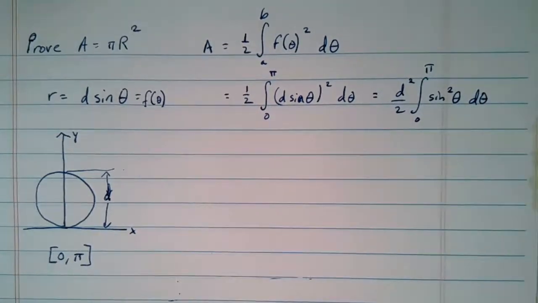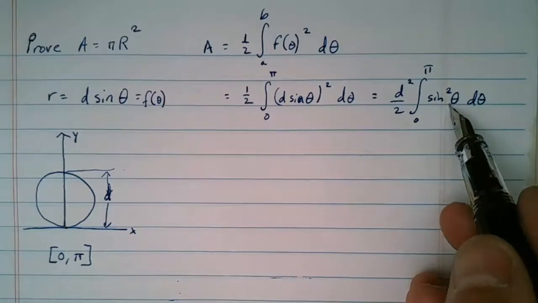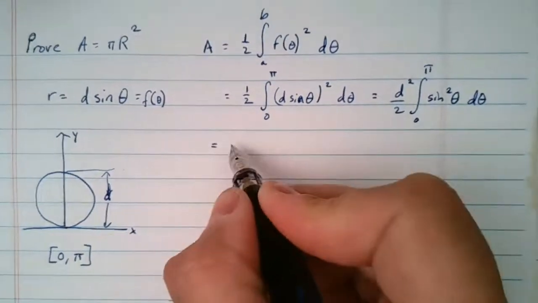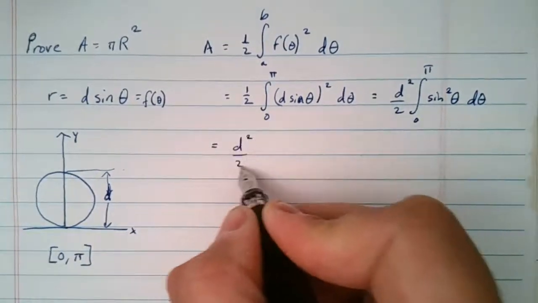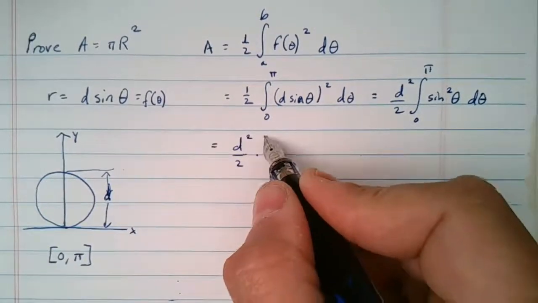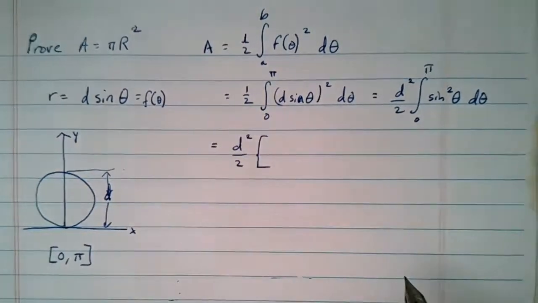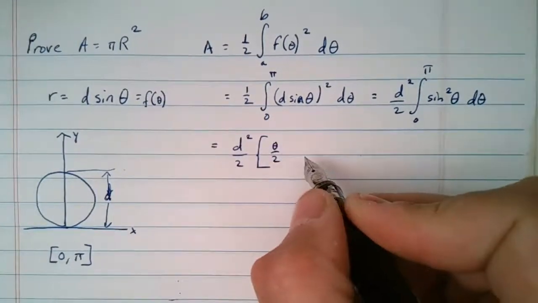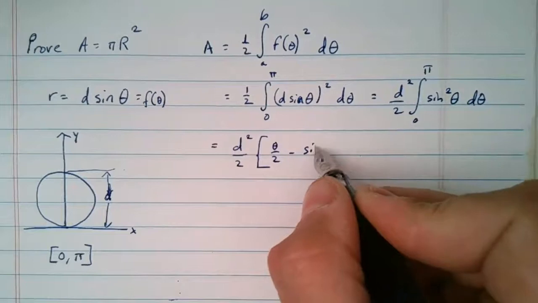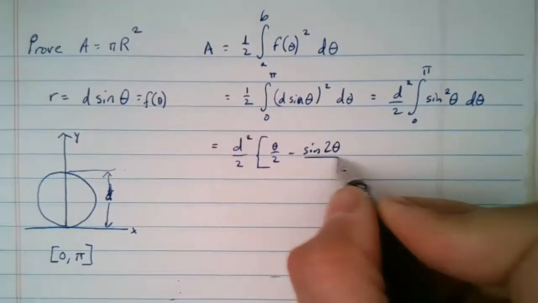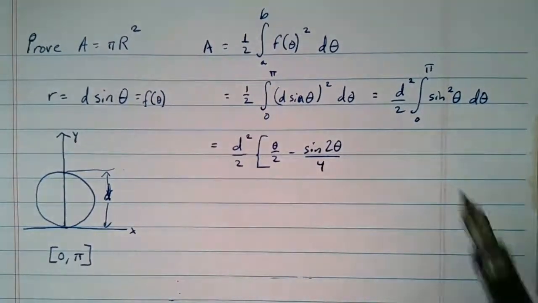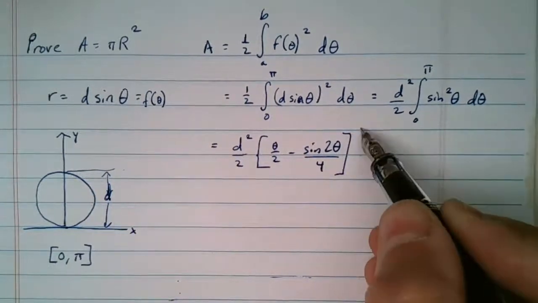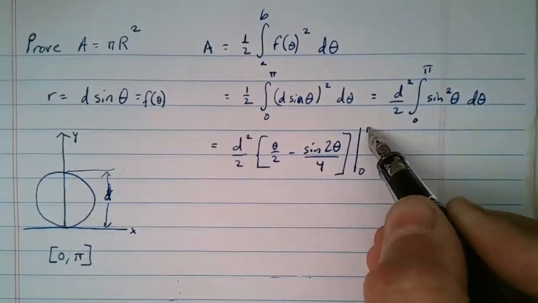Okay, so far so good. Now, I'm going to do a little integration by tables. So that's going to be d squared over 2 times the integral of sine squared, which is theta by 2 minus sine 2 theta by 4. And that is going to be evaluated from 0 to pi.